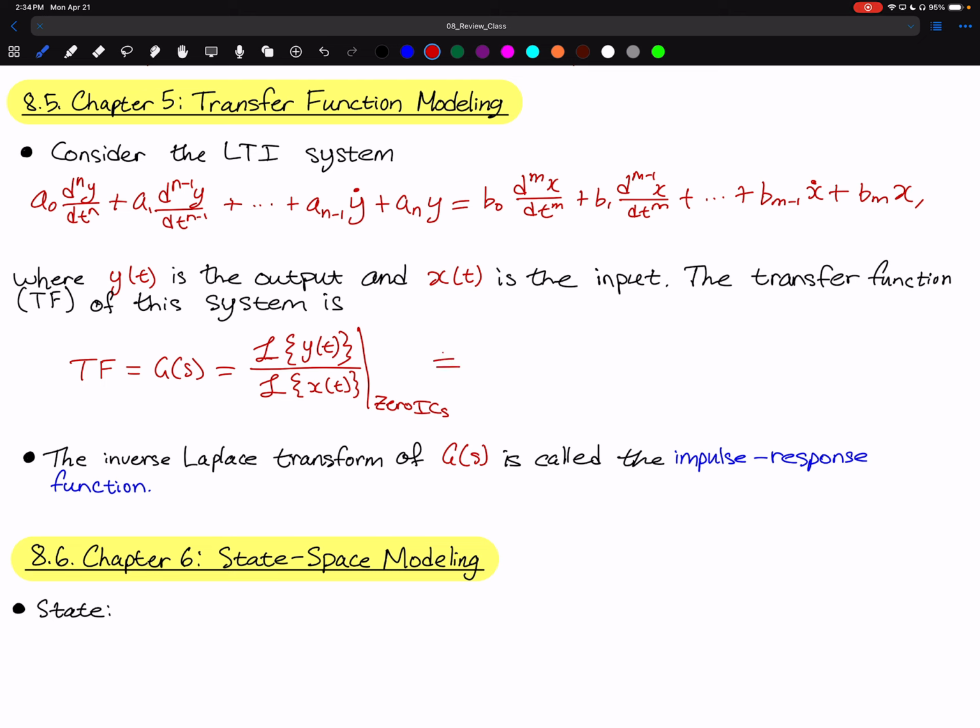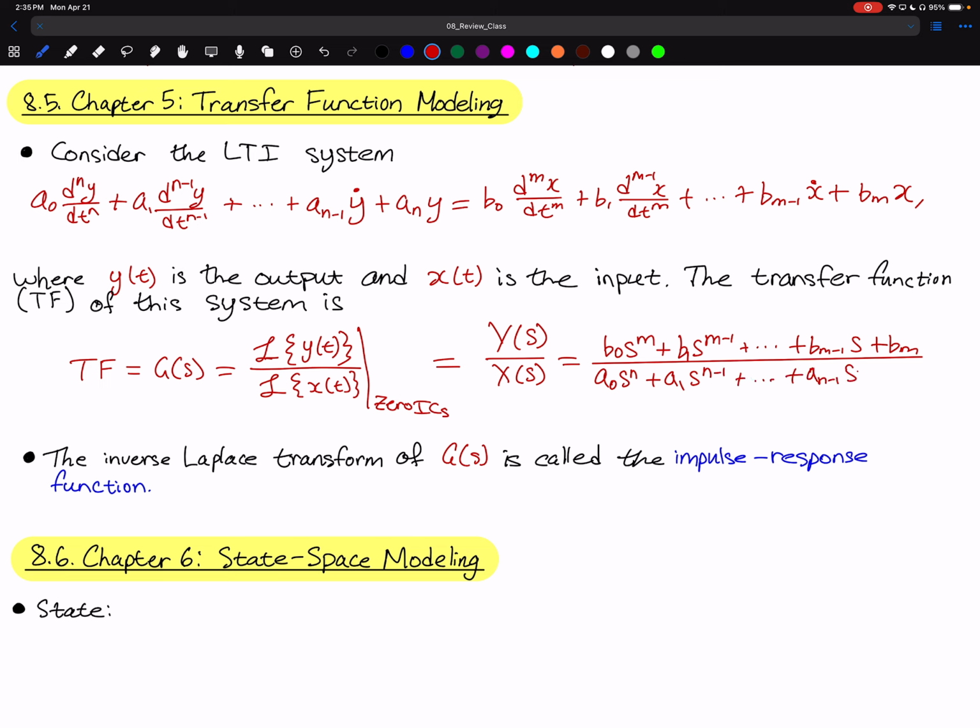And then this is equal to big Y of s over big X of s, which would then be equal to a big fraction with b0 times s to the m plus b1 times s to the m minus 1 plus up to b(m minus 1) s plus bm, and then divided by a0 s to the n plus a1 s to the n minus 1 plus up to a(n minus 1) s plus an.